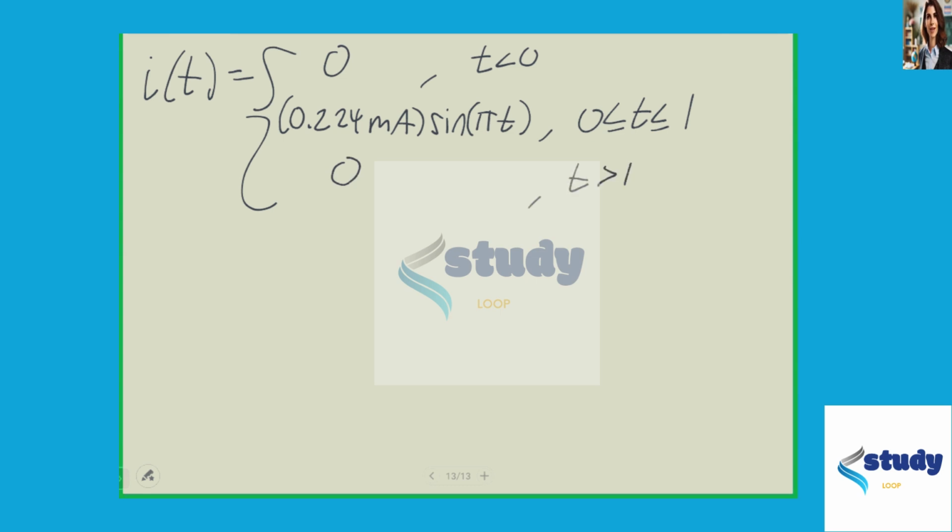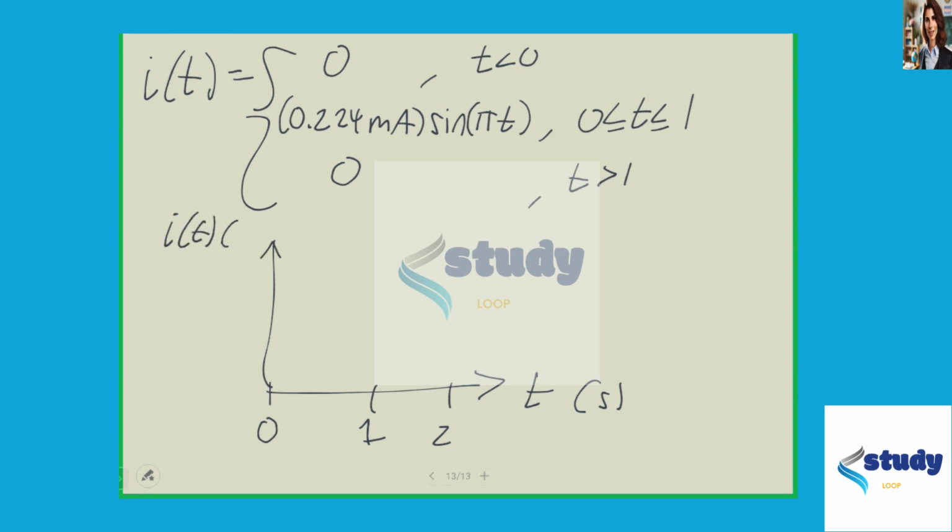So that's the function that we're trying to graph. So let's graph it as a function of time. There's t equals 0 in seconds. There's 0 seconds, there's 1 second, there's 2 seconds. And on the y-axis, let's have the current in milliamps.